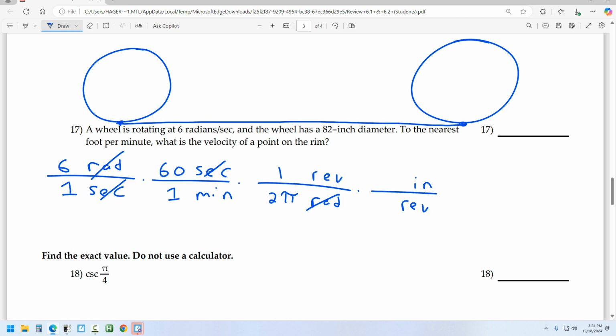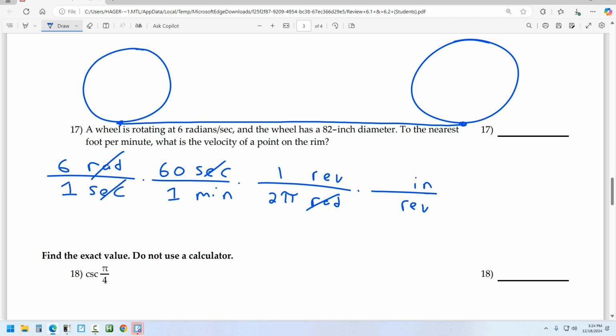Something about the tire would tell you how far it's going to roll. Specifically, what about the circle? It's the blank of the circle. The circumference, yes.